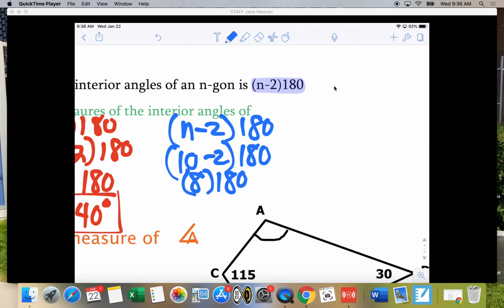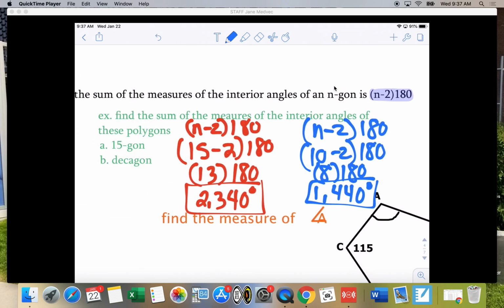I end up with how many degrees? 1,440. Thank you. 1,440 degrees. Okay. Now notice that this problem doesn't ask you how many sides a decagon is.